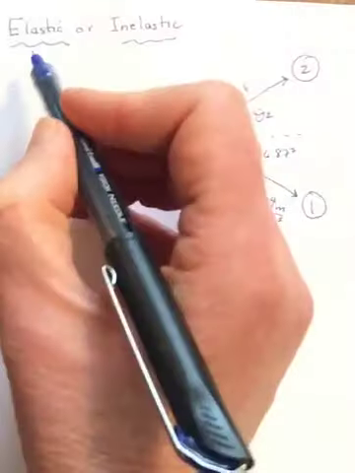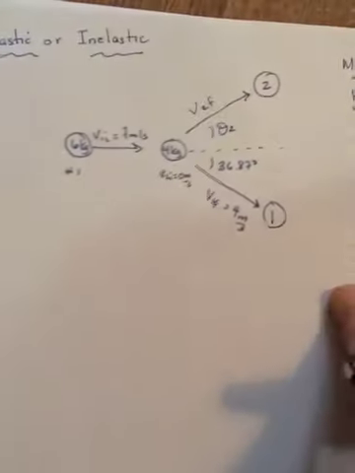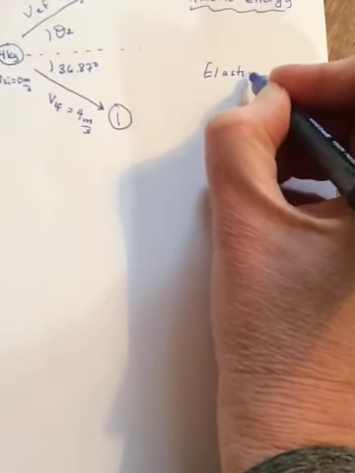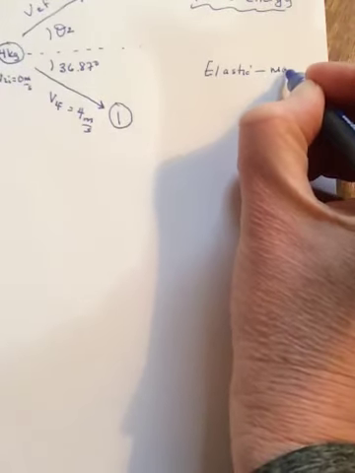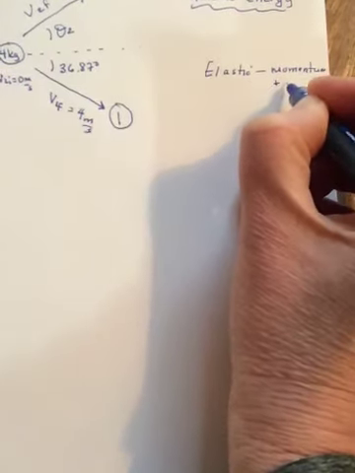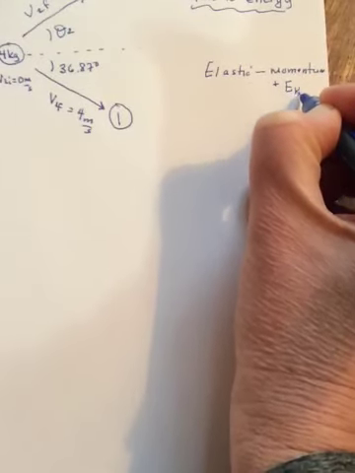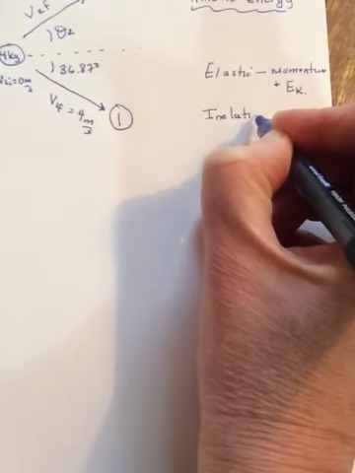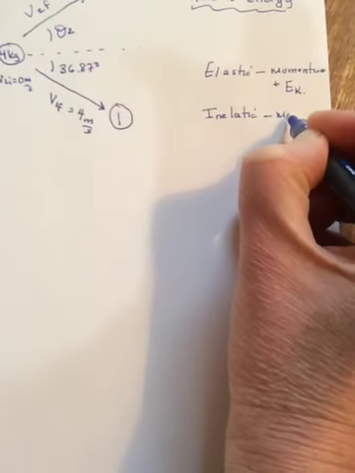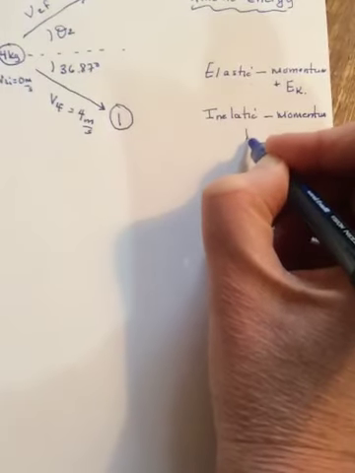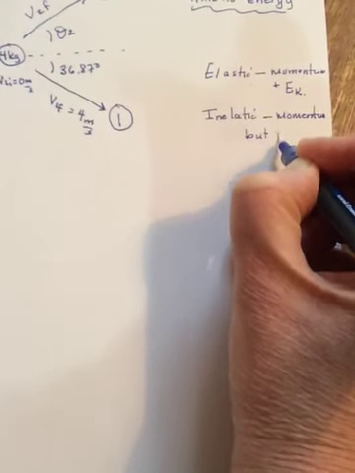If it is conserved, then the collision is said to be elastic. So for an elastic collision, both momentum and kinetic energy are conserved. But for inelastic collisions, momentum is still conserved because it always is. It's a law. But kinetic energy is not.